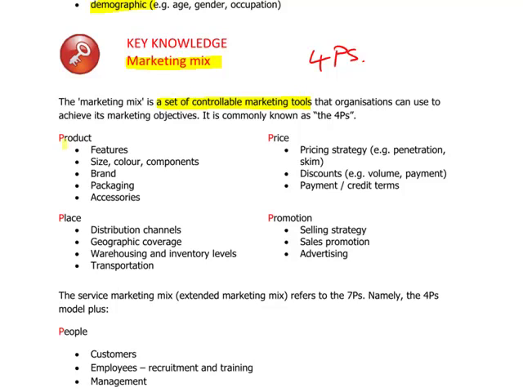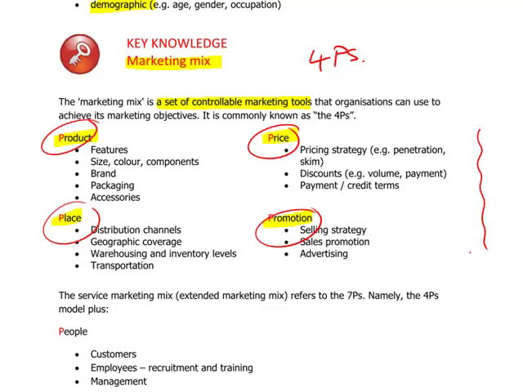The 4 Ps comes from product, price, place, promotion. It's a set of controllable variables, which means we can adjust all of these. We can adjust the product, the place, the distribution location, the price and the promotion. Read through this in your own time, but it gives you the different components of the various Ps.